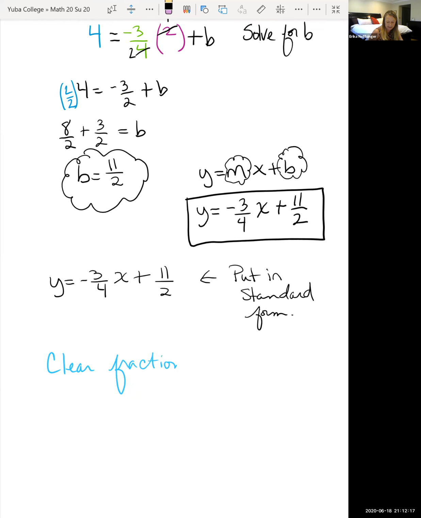Because it's an equation, we can clear the fraction by multiplying by the least common denominator. The least common denominator of 4 and 2 is 4.